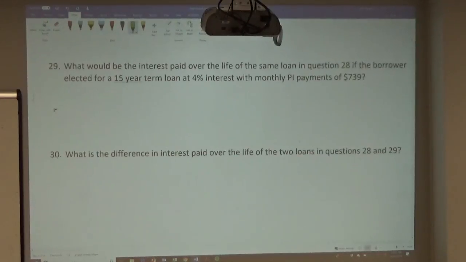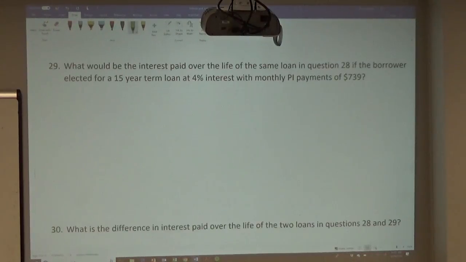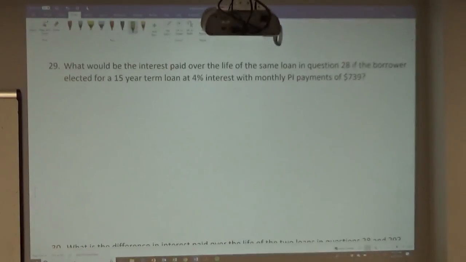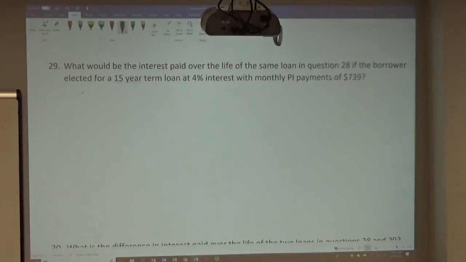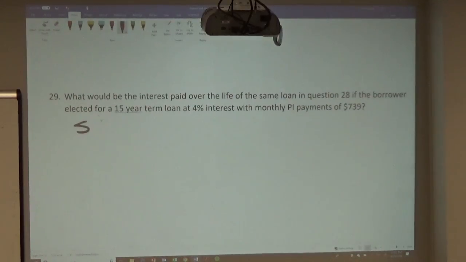And number 29 says, what would be the interest paid over the life of the same loan in question 28 if the borrower elected for a 15-year term loan at 4% interest with monthly PI payments of $739. So again, it's just another loan, and we know that we're paying $739 this time, times 12 months a year, times, in this case, 15 years.